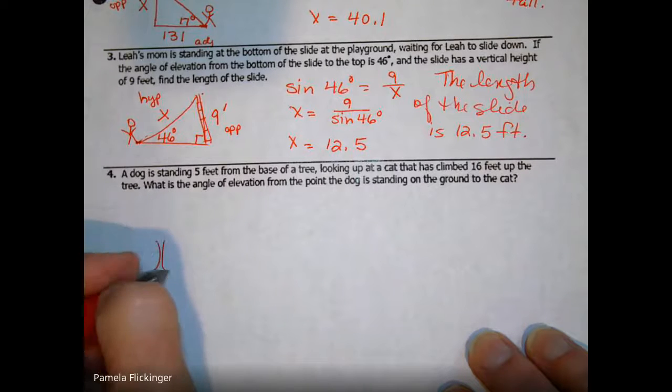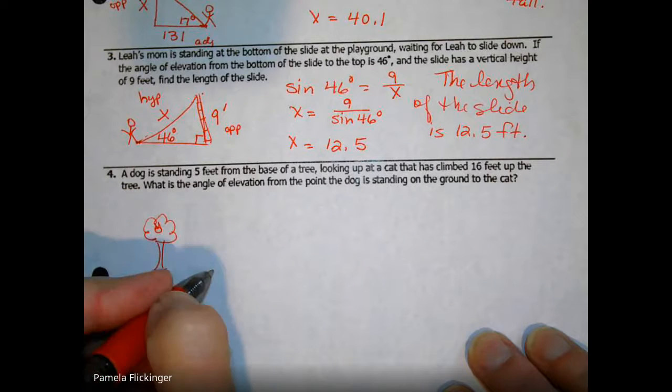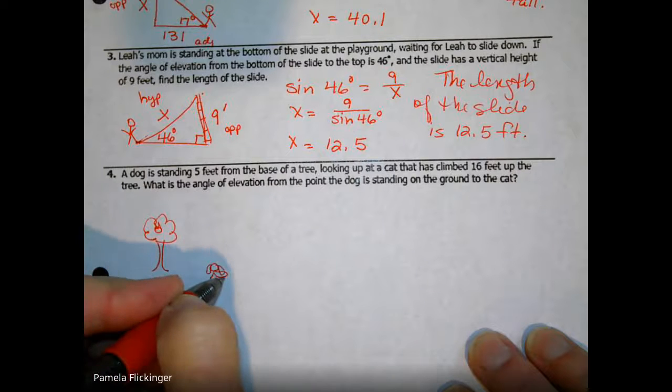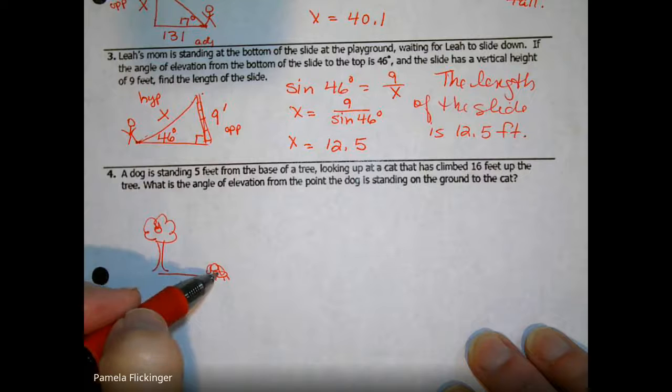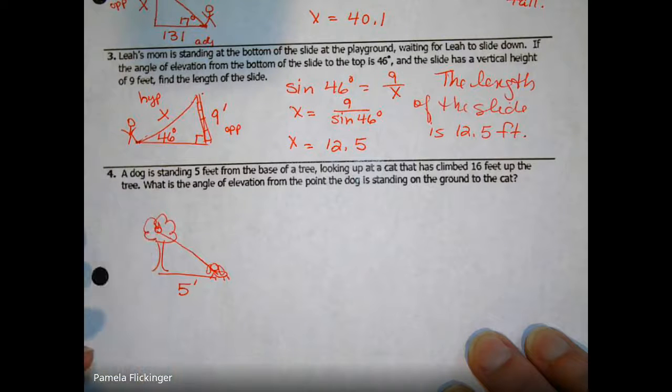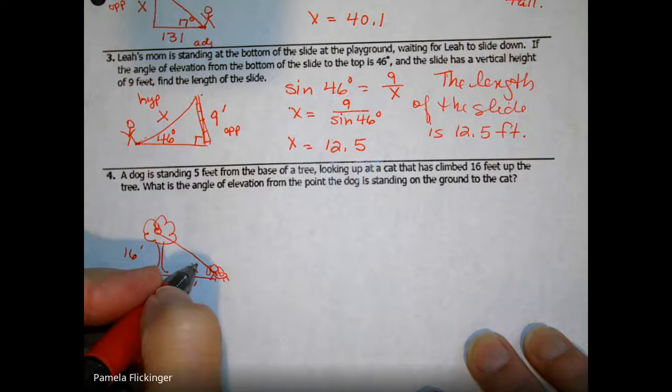So we've got a tree, a kitty cat up here, and down here we've got a dog. The dog is standing 5 feet from the base of the tree, so the 5 goes there, looking up at the cat, who has climbed 16 feet up into the tree. So the cat's 16 feet up. What's the angle of elevation?